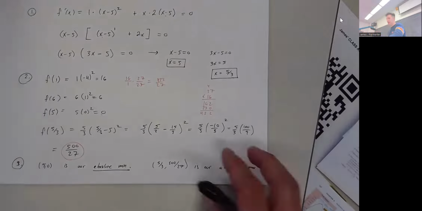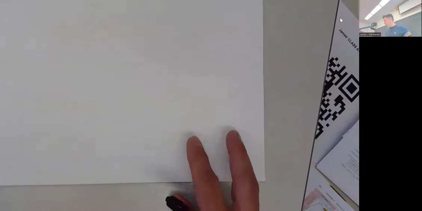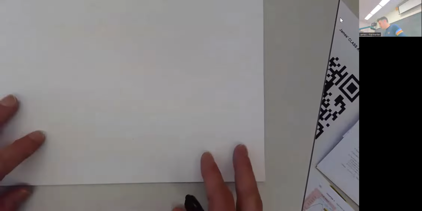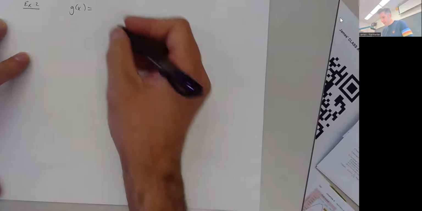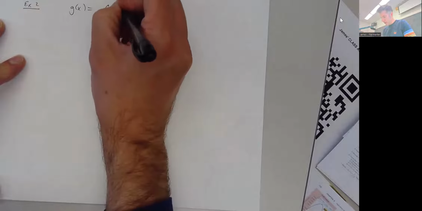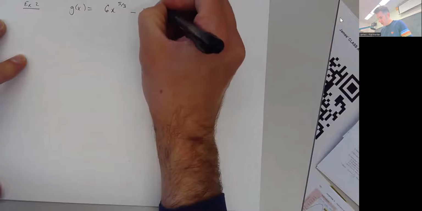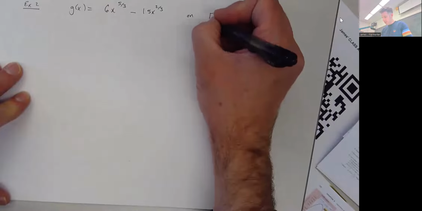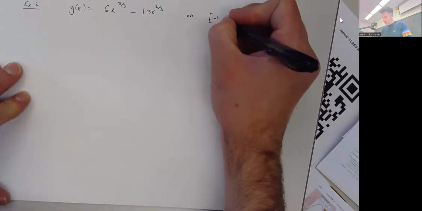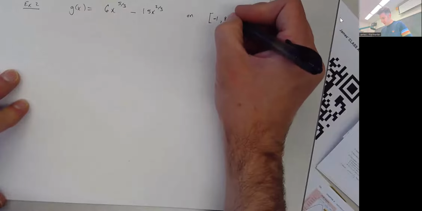It's only going to be a little bit gnarlier, and then we'll move on to more of the graphing stuff. So let's look at this example. G of x equal to 6x to the 5/3 minus 15x to the 2/3 on the interval from -1 to 8.